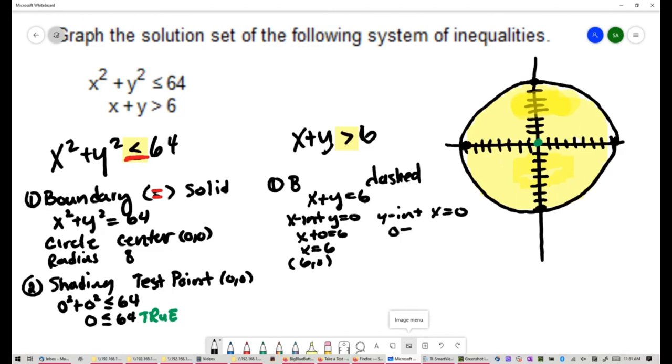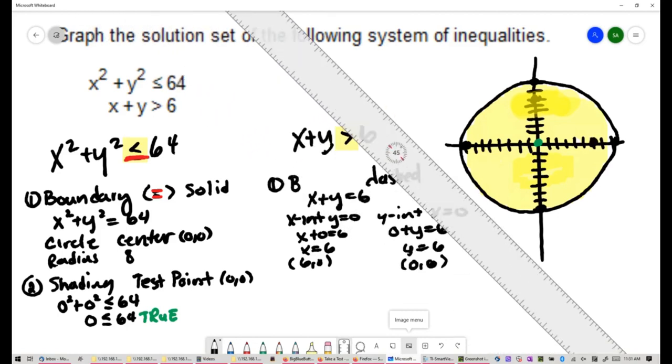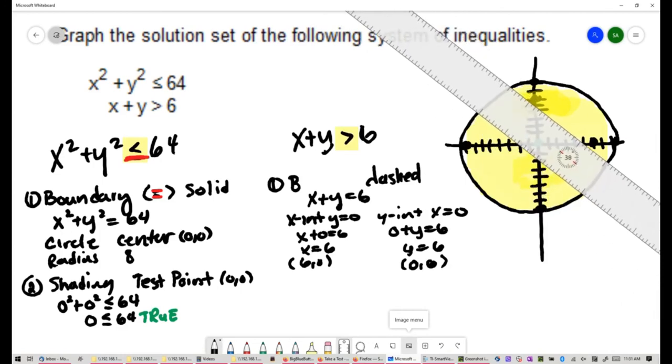That's 0 plus y equals 6, and y equals 6. So the ordered pair 0, 6 is the y-intercept. So 0, 6 and 6, 0 are points on the boundary line, and I can connect those 2 points with a dashed line.